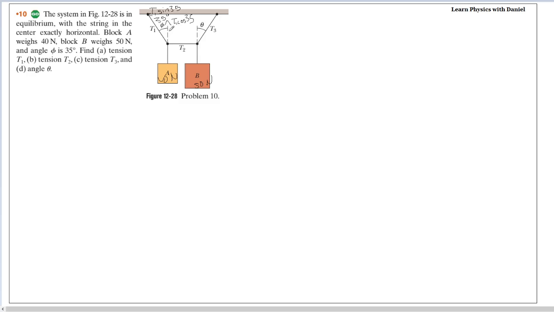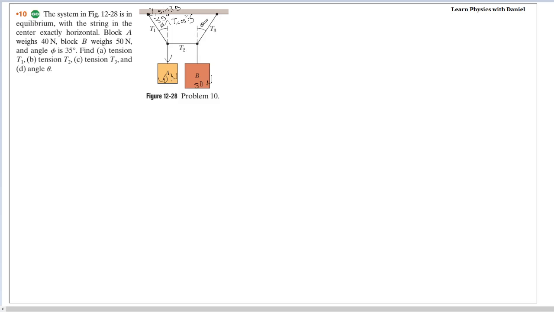So we know that we have T1 cosine 35 in the vertical direction, and to balance that is this 40 Newton weight in the downward direction. So we know that T1 cosine 35 equals 40 newtons. So then we can solve for T1. And then furthermore, we know that T1 sine 35 equals T2. And because we could just solve for T1, now we essentially know what T2 is.